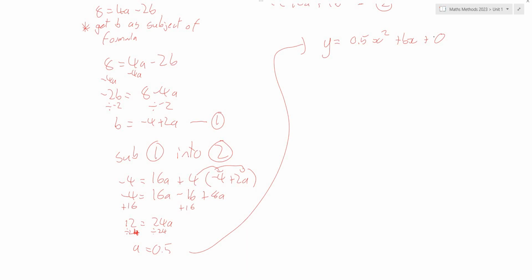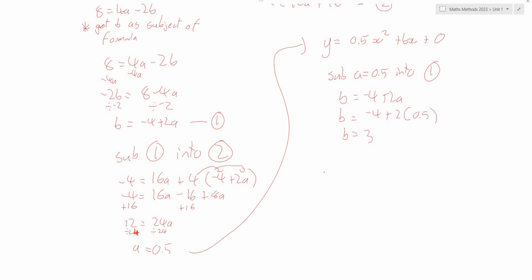The only thing unknown in that equation is a, but do we know a now? Yeah, so sub a equals 0.5 into equation 1. So equation 1 was b equals -4 plus 2a. So b equals -4 plus 2 times 0.5. b equals 3.